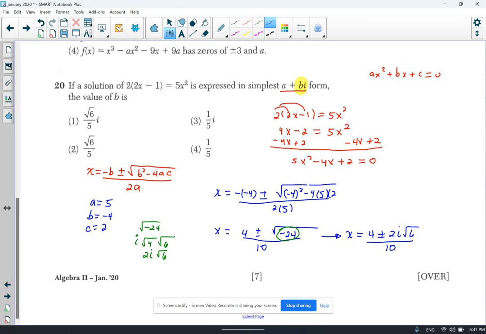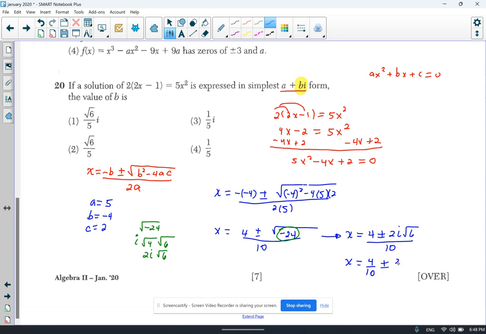This still is not in a plus bi form. There are a couple of things that need to be done. First of all, the i piece, the imaginary piece, has to be totally separated from the real piece, plus any coefficients should be reduced. So I'm going to split it apart first. You could simplify first, but it doesn't really matter.